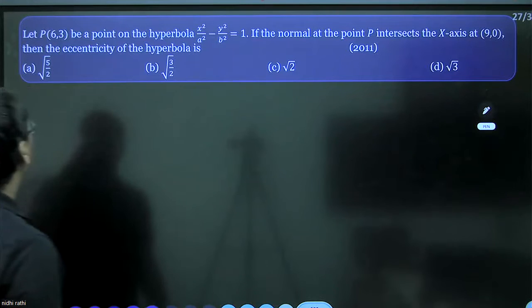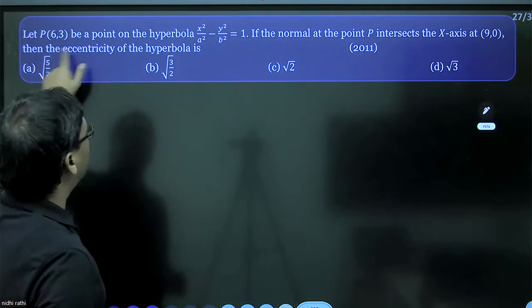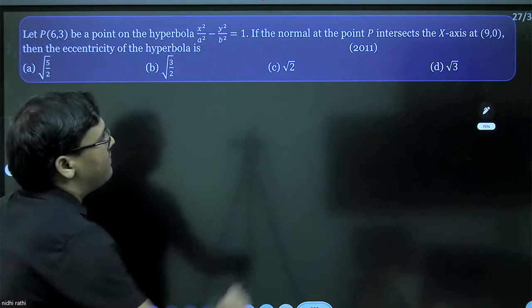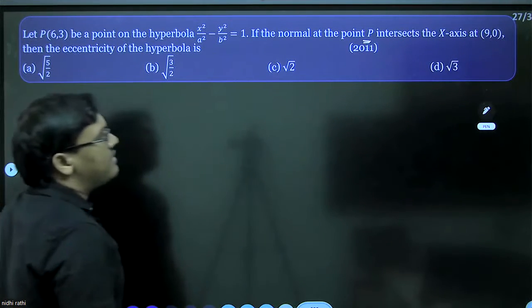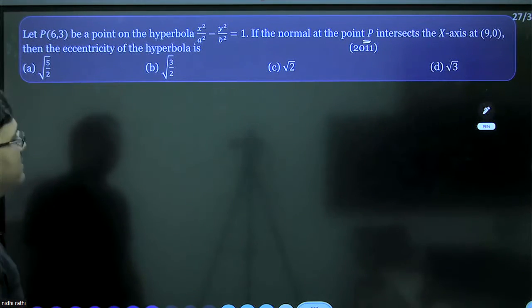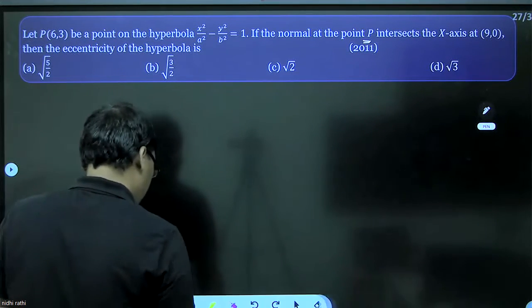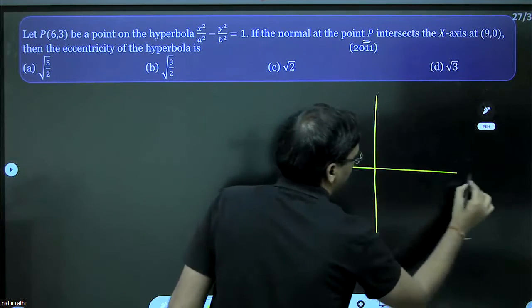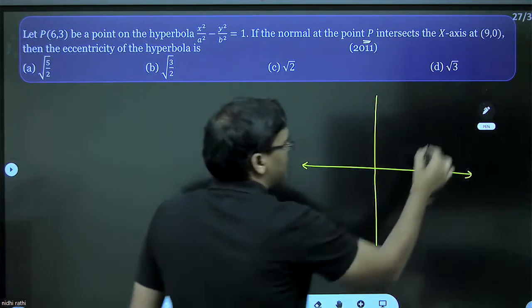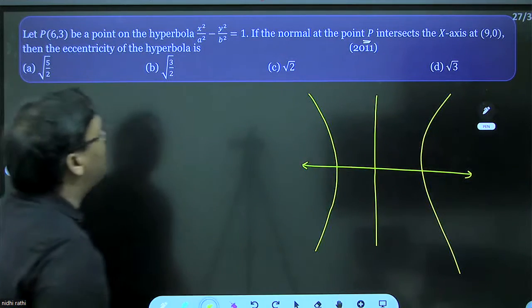The question is, let P (6, 3) be a point on the hyperbola. If the normal at point P intersects the x-axis at (9, 0), then what is the eccentricity of this hyperbola? If you want, you can draw a rough sketch also. This is the standard hyperbola.